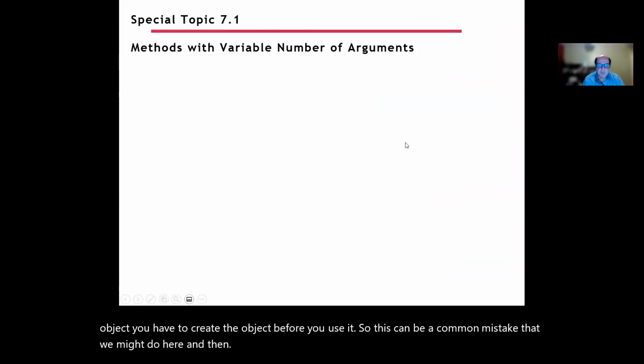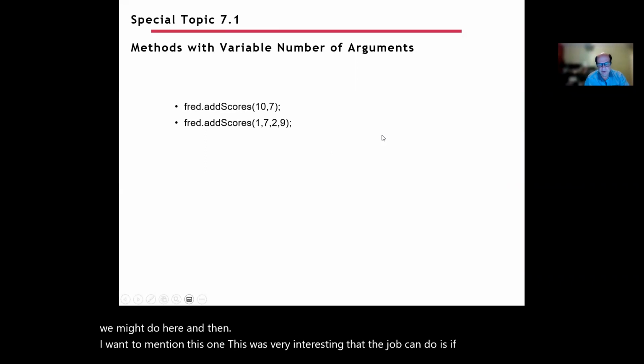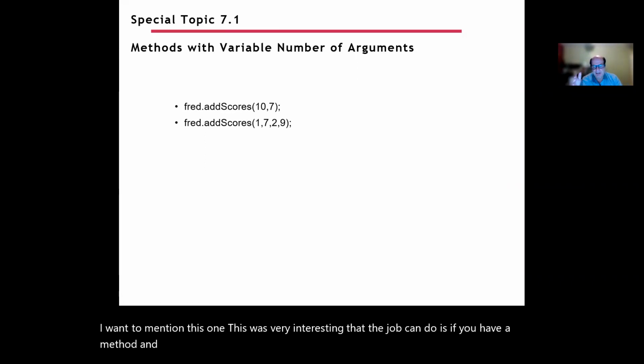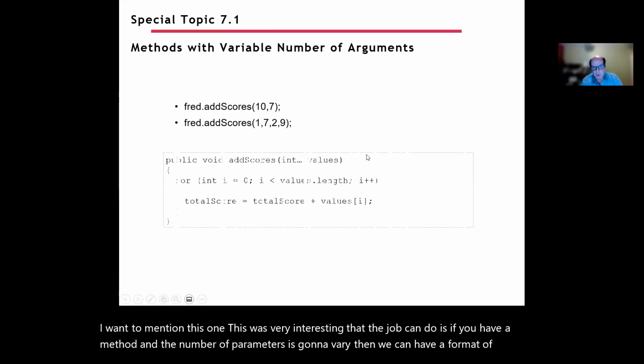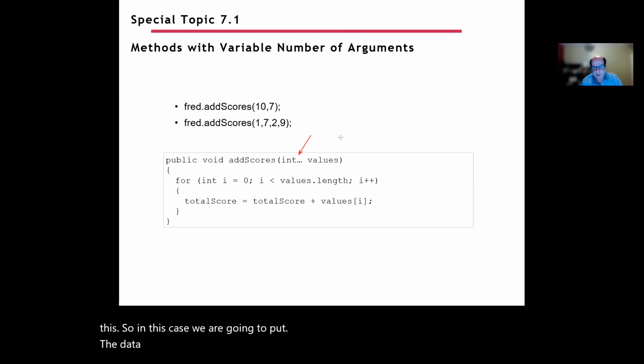I want to mention this one. This was very interesting that Java can do: if you have a method and the number of parameters is going to vary, then we can have a format for doing this. In this case, we put the data type, we put 3 dots, and we put the name over here.